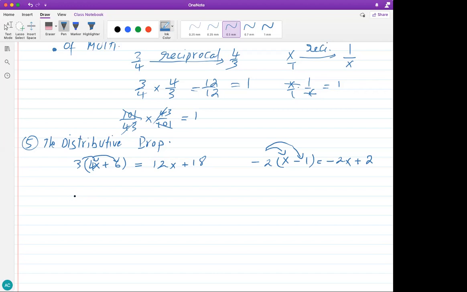Another example is you may have, say, -(3x plus 2). Same thing here.